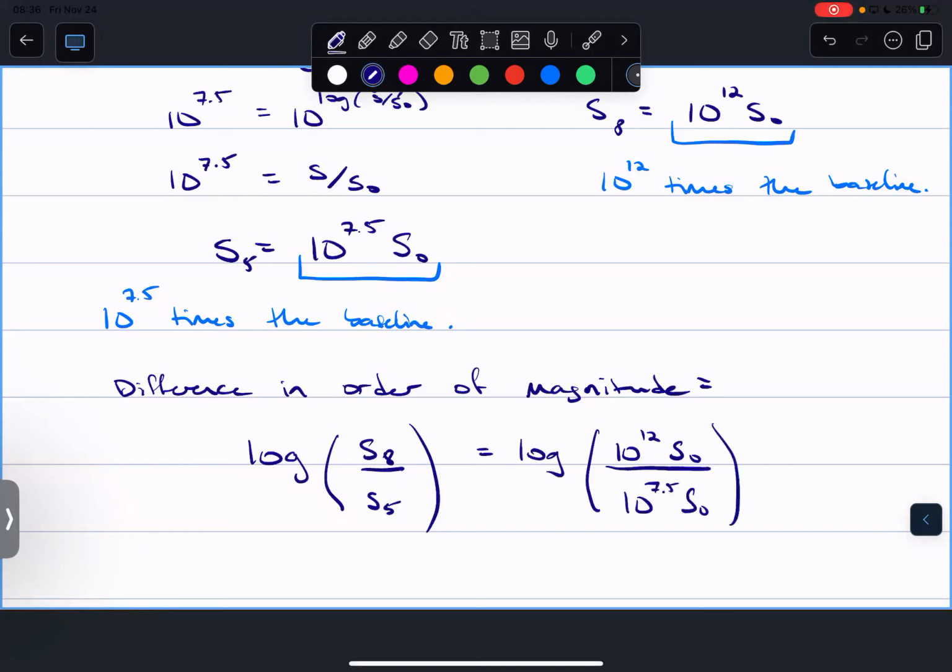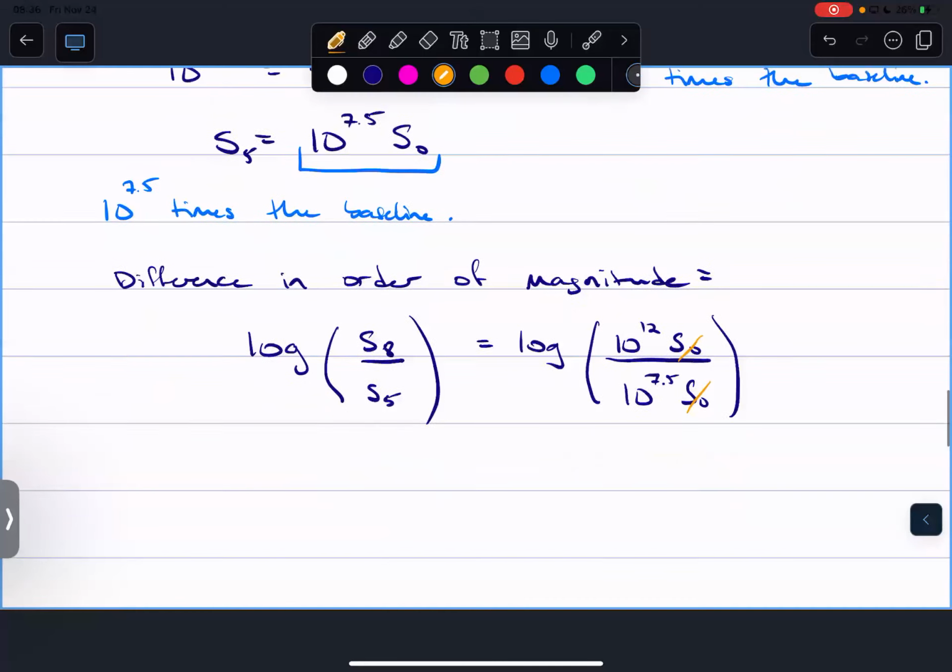So this is part of the reason why I kept it just as S0, so I don't have to simplify it. Although there's no harm in putting in the 10 to the 16, right? But in this case, I can just cancel it and focus on the 10 to the 12 and the 10 to the 7.5.